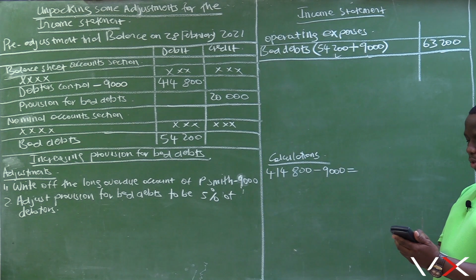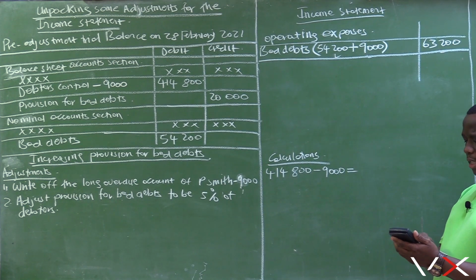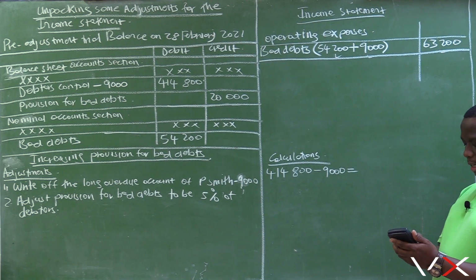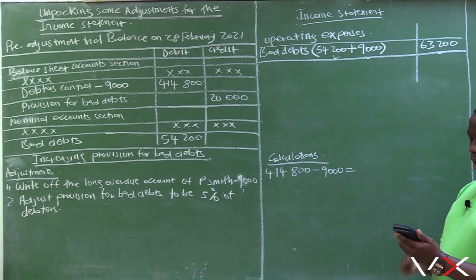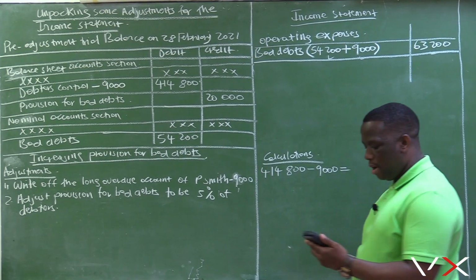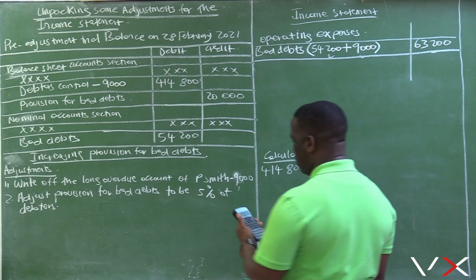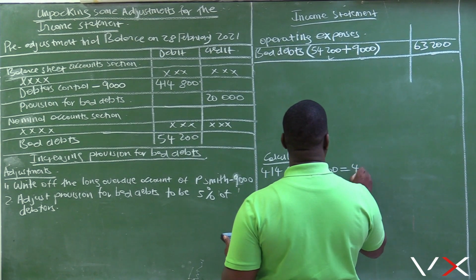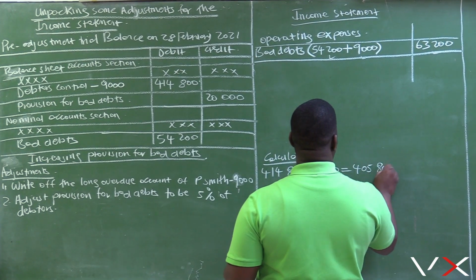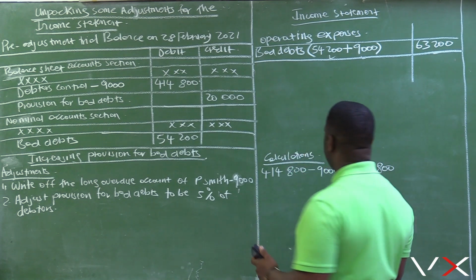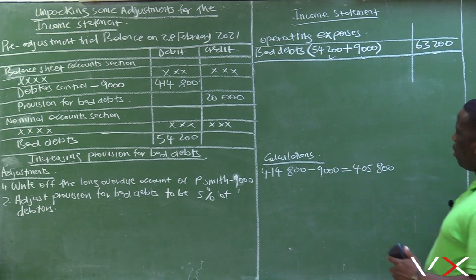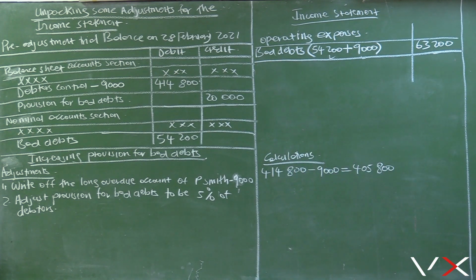So 414,800 minus 9,000. Our debtors control is now sitting at 405,800, because of the 9,000 that has been written off. Right?